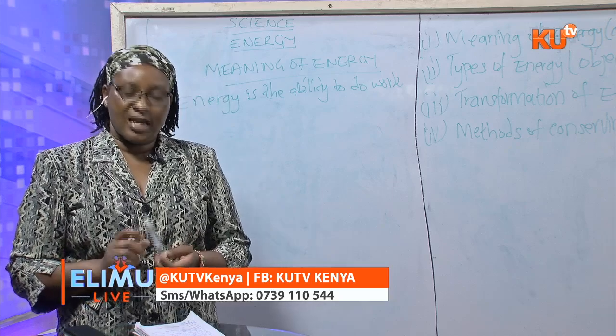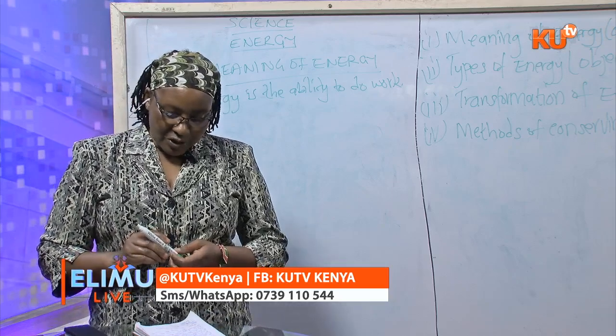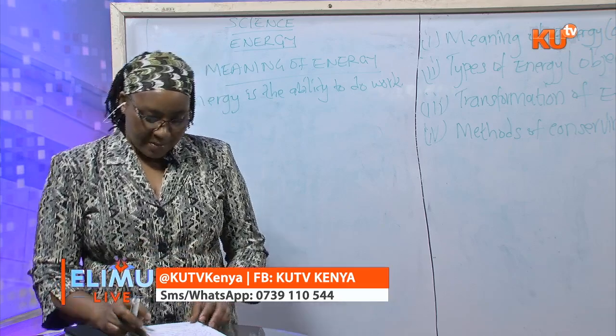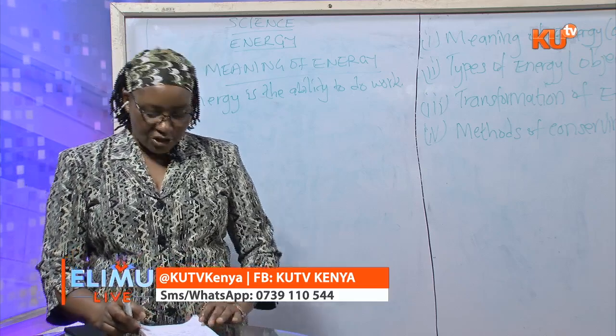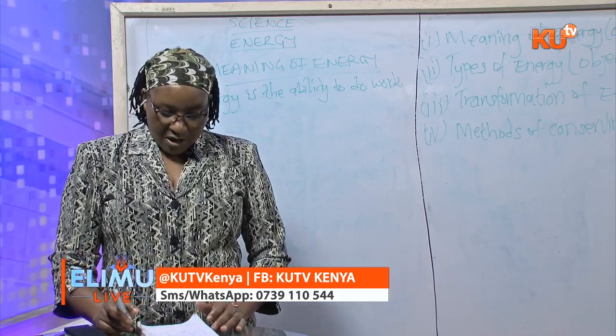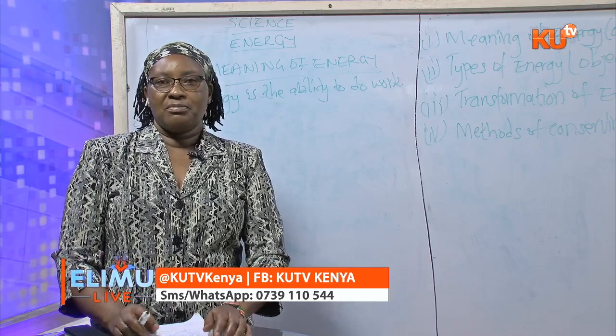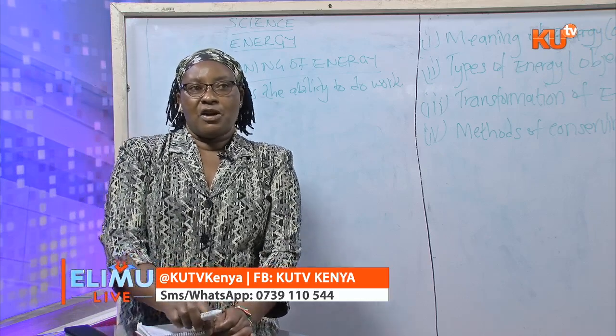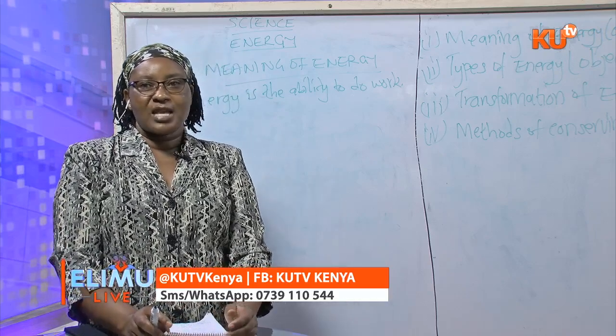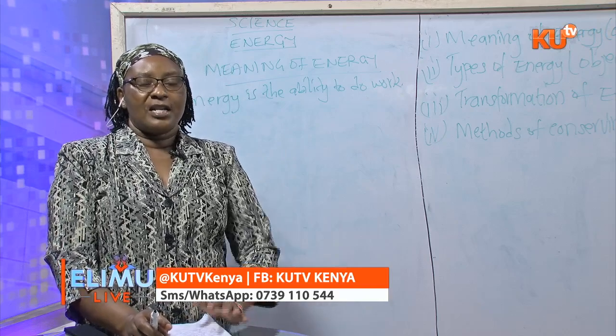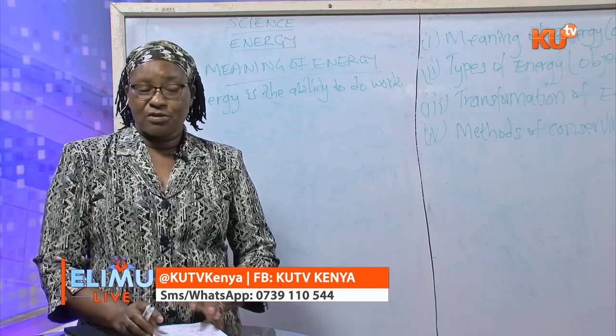So we also have electric energy, which is used maybe in some gadgets and other electrical appliances, like you may have at home. Maybe you have your blender, you may have a toaster, you may have an electric iron. All those ones use energy.